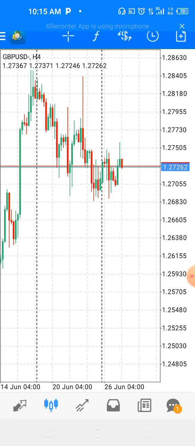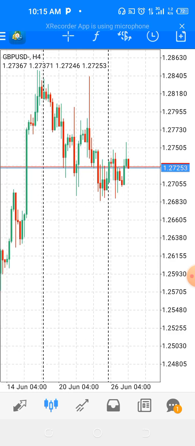What do I mean? Let me start with what a swing is. A swing is formed when the price gets to a certain level or point and reverses. Anytime the market price gets to a certain level or point and reverses, at that point a swing is formed.